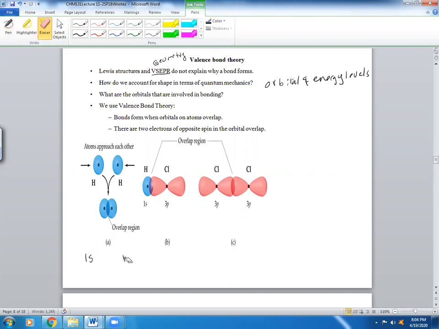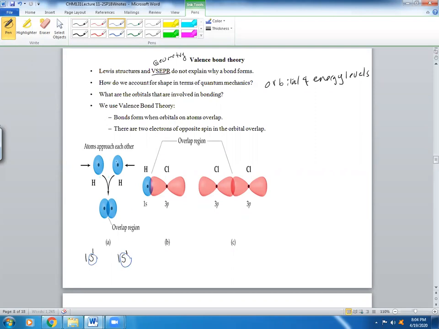That was the electron configuration. So here is the s. I'm going to use this color. So here's our s and s.